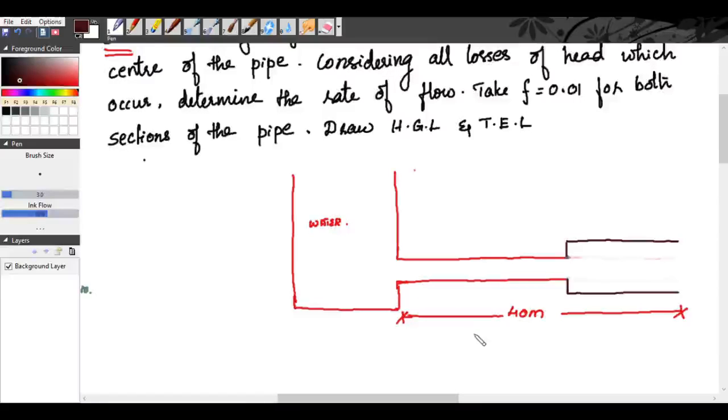So this is 25 meter. The first pipe is of length 25 meter and the second pipe is of length 15 meter, so that totally we get 40 meter.